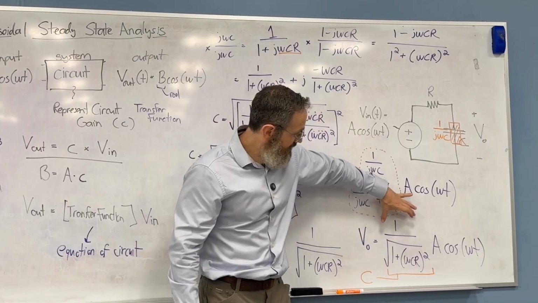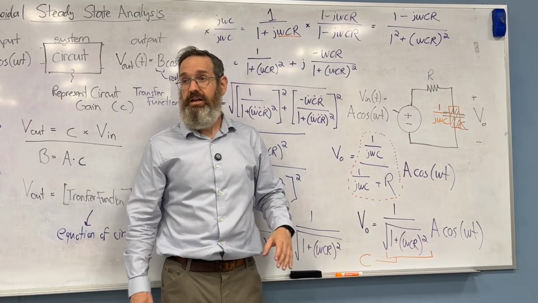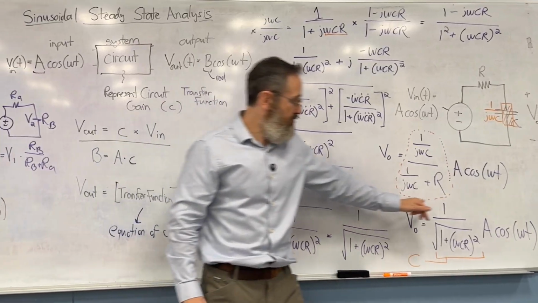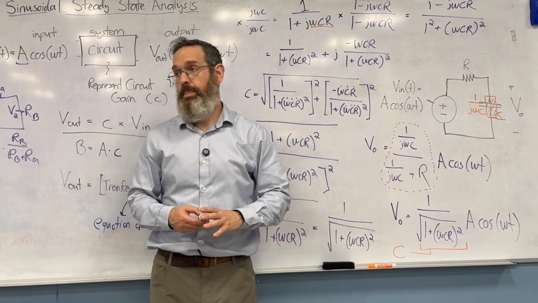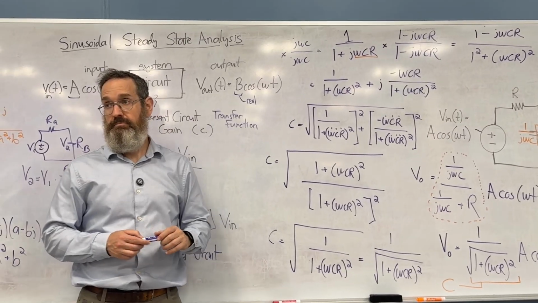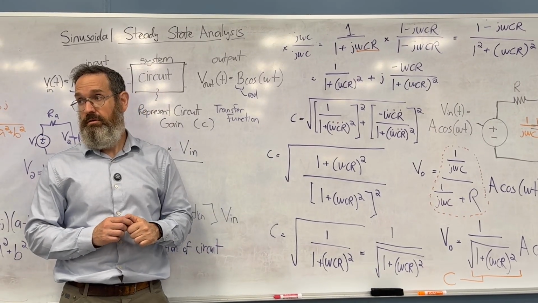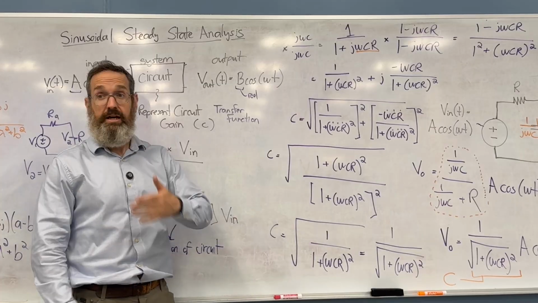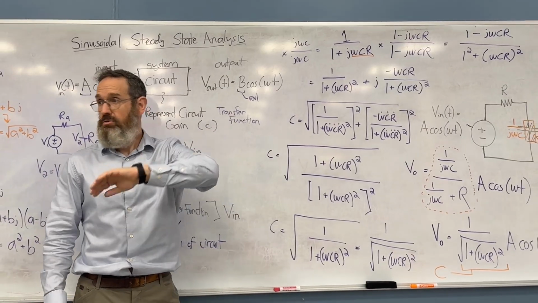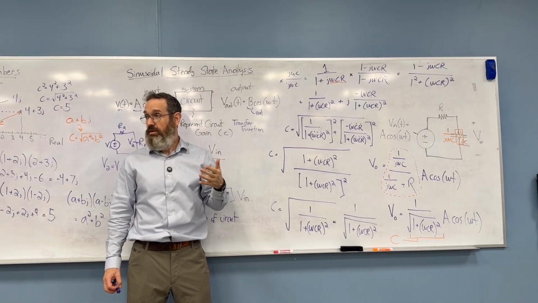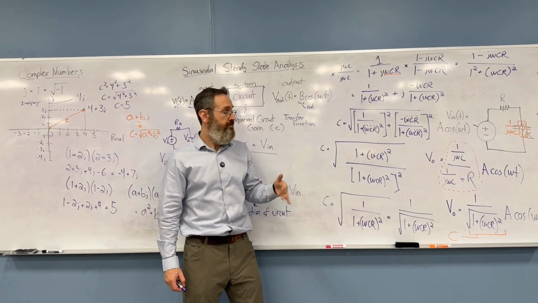And this represents the circuit. In fact, everything we're doing is trying to reduce the circuit to a single number. So now I want to go through it again. That's it, there's no more. I'm just going to go through a couple of examples until you get really comfortable with it.